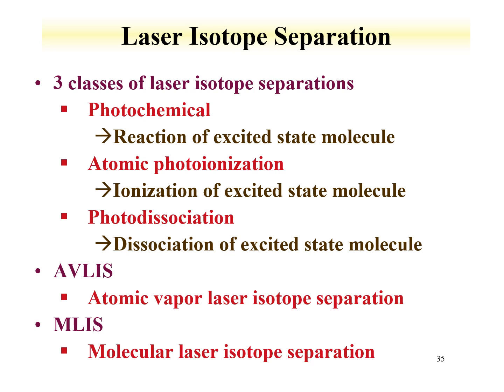With atomic photoionization, the isotope that's targeted will be ionized, so then it can be separated. Or they can undergo photodissociation, where instead of being uranium hexafluoride, it can be transformed to uranium pentafluoride. There are two examples: AVLIS, atomic vapor laser isotope separation, and MLIS, molecular laser isotope separation. And we'll explore these methods.